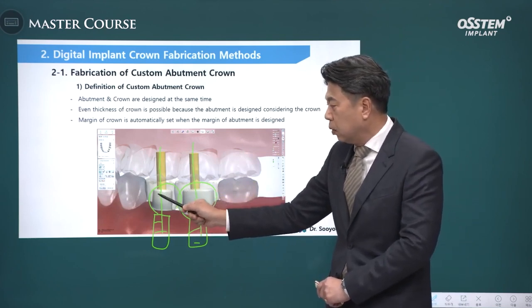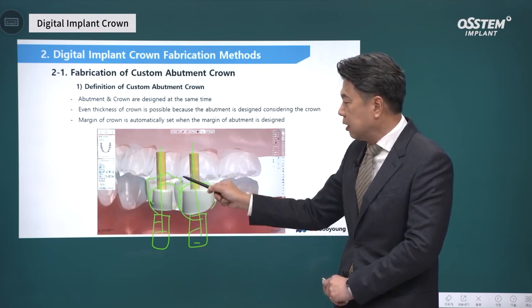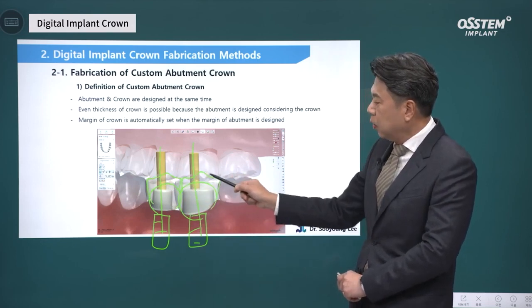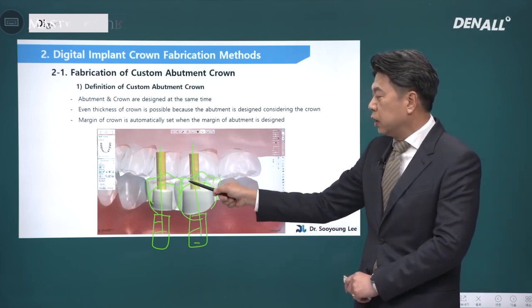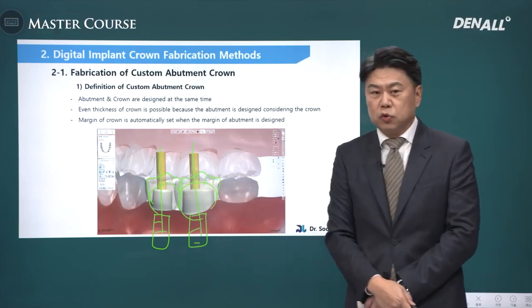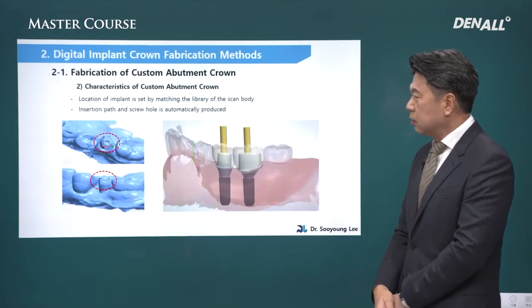The custom abutments can be designed and fabricated, and also the superstructure crowns can be designed together. Depending on the crown materials, the thickness can be determined, which is a great advantage of this.